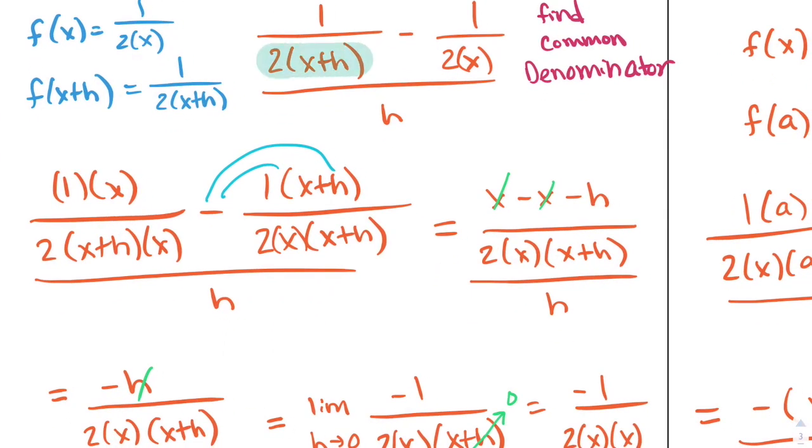This one is missing a multiplication of 8x. This is missing a multiplication of x plus h. So by performing those, here's my new x's, here's my new x plus h's. You notice I'm multiplying each by 1. x over x is 1, and x plus h over x plus h is also 1.